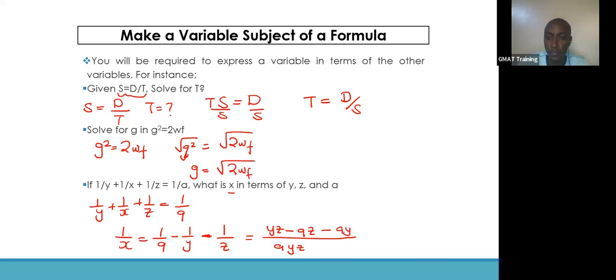All right, now we have the right-hand side simplifying to this expression here. And since this equals 1 over x, then x will be the reciprocal, which is ayz all over yz minus az minus ay. You can play around by simplifying, given you have different options in the answer choices to fit in the ones that you're given. In this case, we can leave it at that.